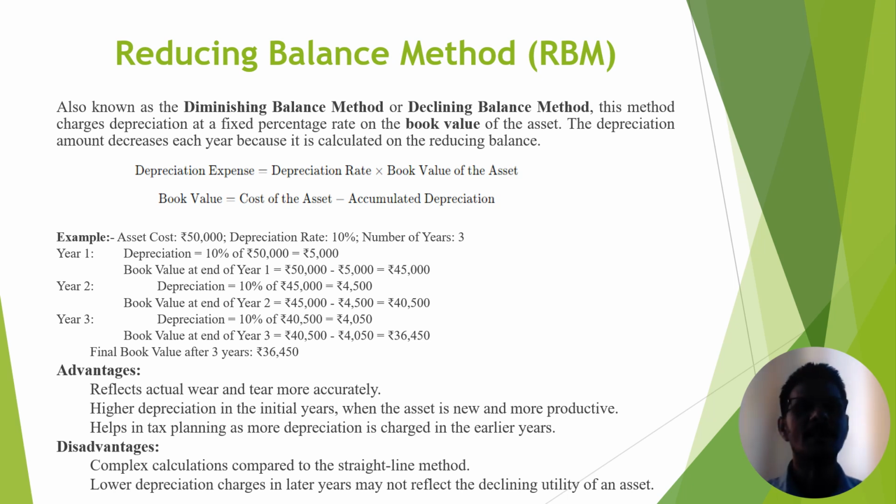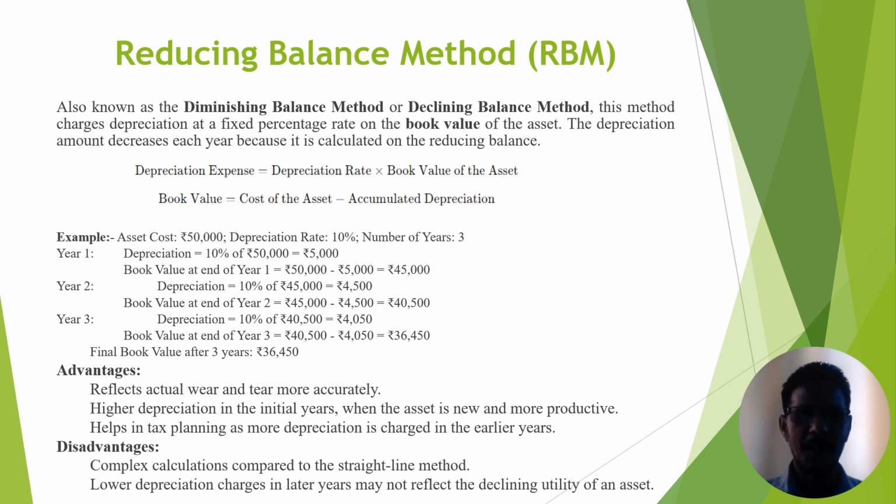After that, in the third year we calculate the depreciation amount as 10% on 40,500. This amount is 4,050. Then the book value at the end of the third year is 40,500 minus 4,050. Listen carefully.